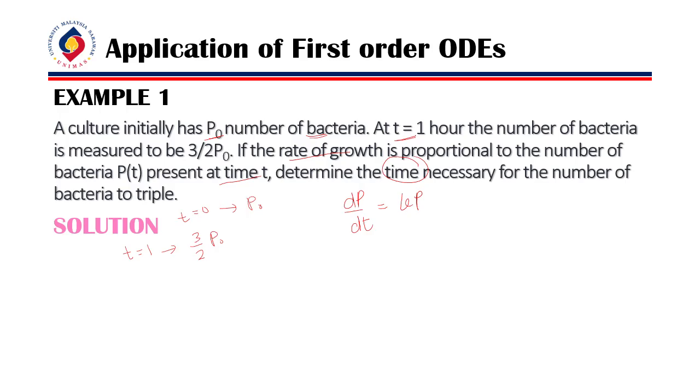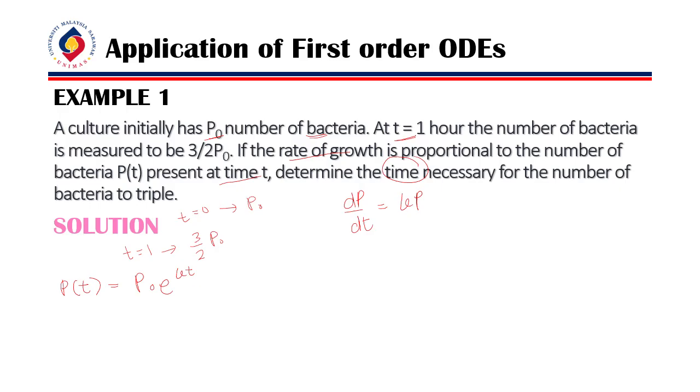First of all, you have to derive. Previously we learned how to derive, and I gave you the idea of how to derive. So in this example it is straightforward. After we derive, previously we get this kind of equation, whereas P naught is the number of bacteria when t is equal to 0.